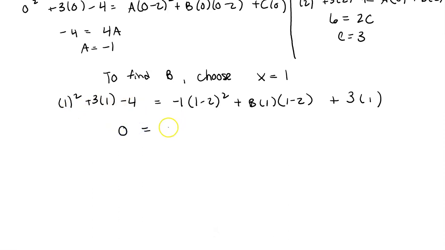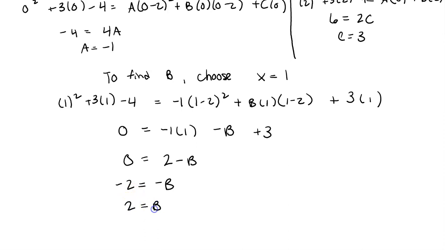Here I'll have negative 1 times 1 plus, let's see, that's going to be b times 1 times negative 1, so that's negative b plus 3. Adding the constants, I get 2 minus b equals 0. If I subtract the 2, I get the negative 2 equals negative b. And if I divide by negative 1, I get 2 equals b.